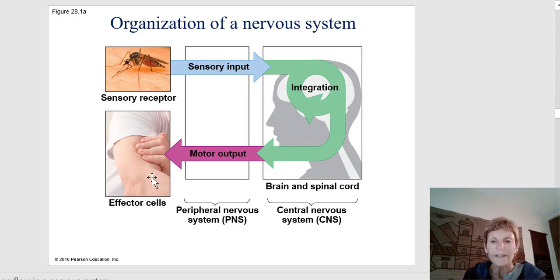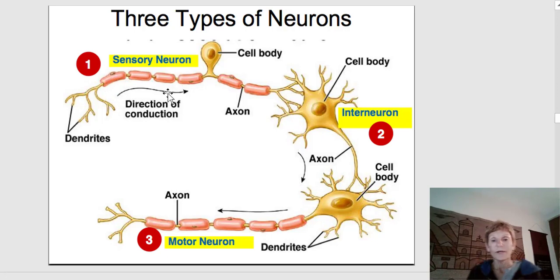Okay, so let's look at this in a little bit more detail with the nerves that are here, the peripheral nerves and the nerves of the central nervous system inside here. And so we've organized it into 3 different types of nerves. And that's shown here.